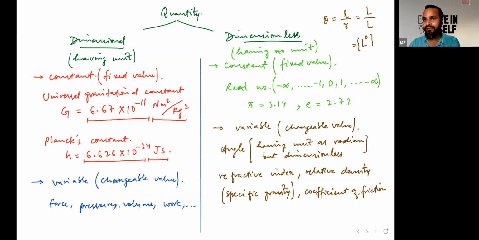So depending upon their roughness, its value would change from surface to surface, and it is nothing but a ratio of two different forces. So they would cancel out and give you a dimensionless term. So again, we can call this particular term a dimensionless variable. So just remember this whole thing in your exam. They would ask you to define and give examples related to these four different topics.